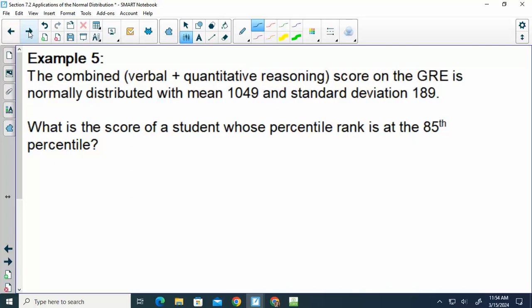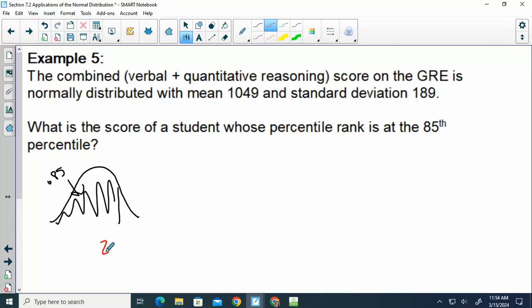All right, what does it mean to be at the 85th percentile? We've done percentiles before. Means 85% are less than or equal. So the probability of being down here is 0.85. So what can I look up now?